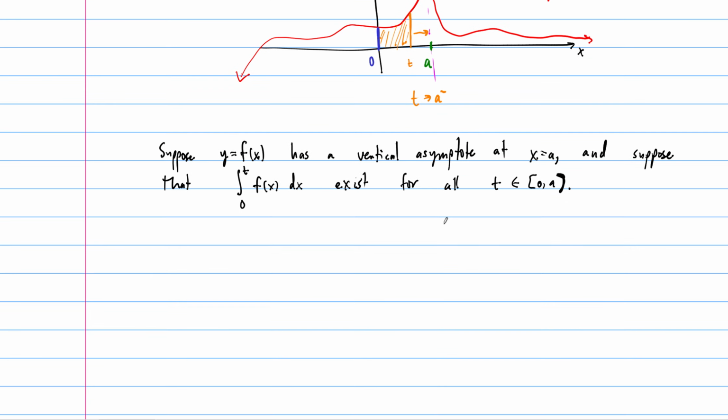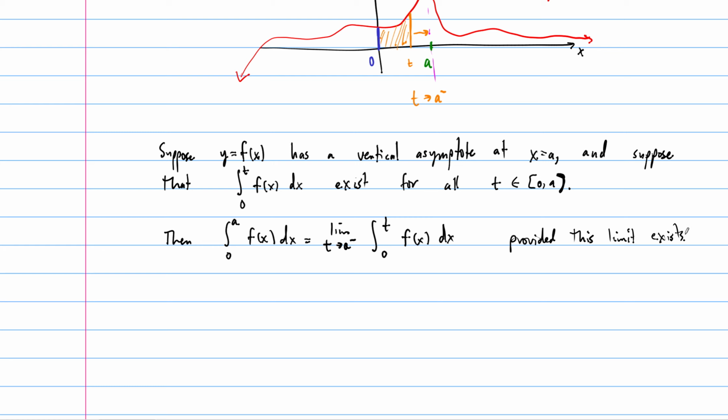Then we can define the same way. By the way, you can shift this so that the lower bound is not 0 anymore, but the idea is that these are both finite. So the integral from 0 to a of f of x dx is defined to be the limit as t approaches a from the left, from within the domain, of the integral from 0 to t of f of x dx, provided this limit exists. If it doesn't exist, we say it diverges.